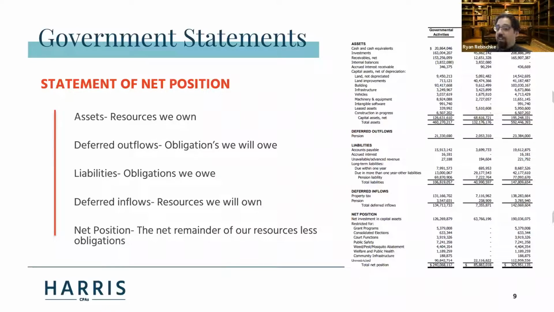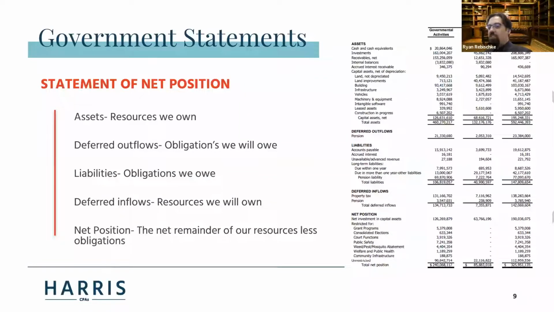And then finally, the net position is the net remainder of our resources less our obligations. So this is how secure are we sitting. The easiest way to think about this is if you own a house, you likely have a mortgage on that house. The difference between what your house is worth and what you owe the bank, that is your equity or your net position.